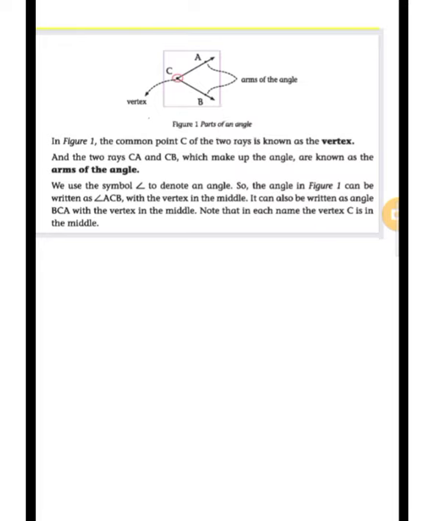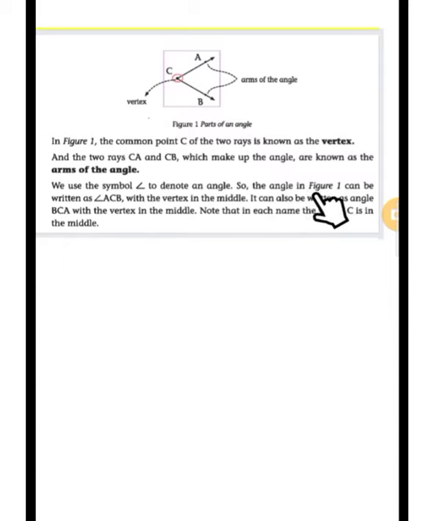We use a symbol to denote an angle. In the last topic, we had symbols for line, line segment, and rays. This symbol denotes an angle.